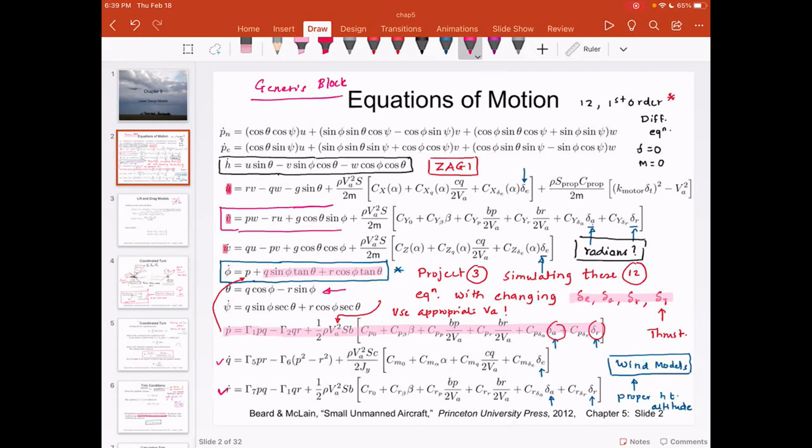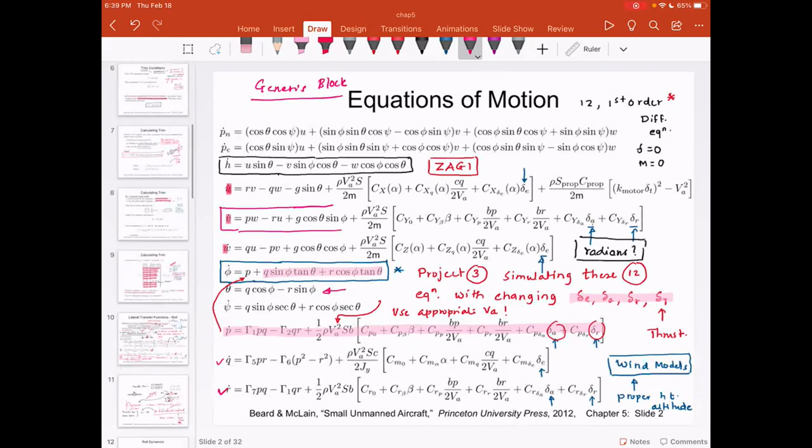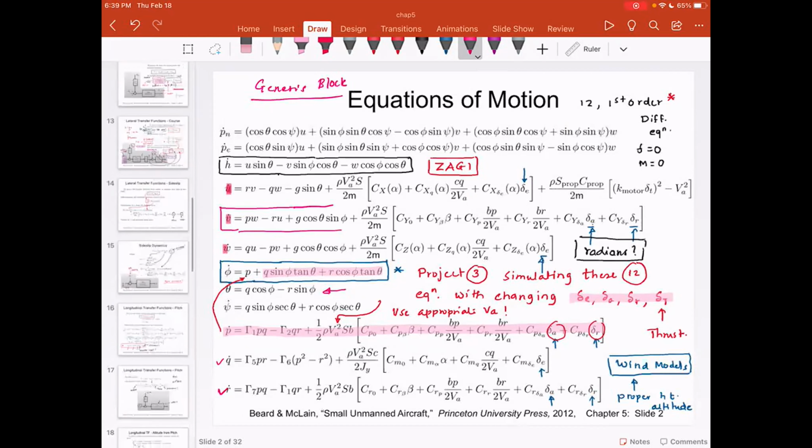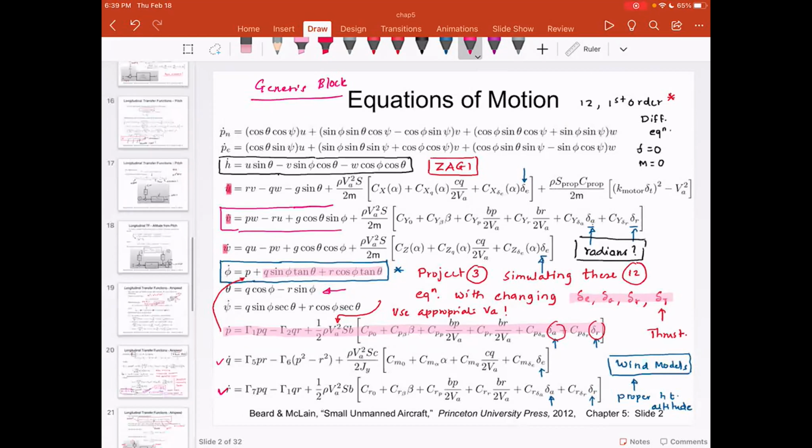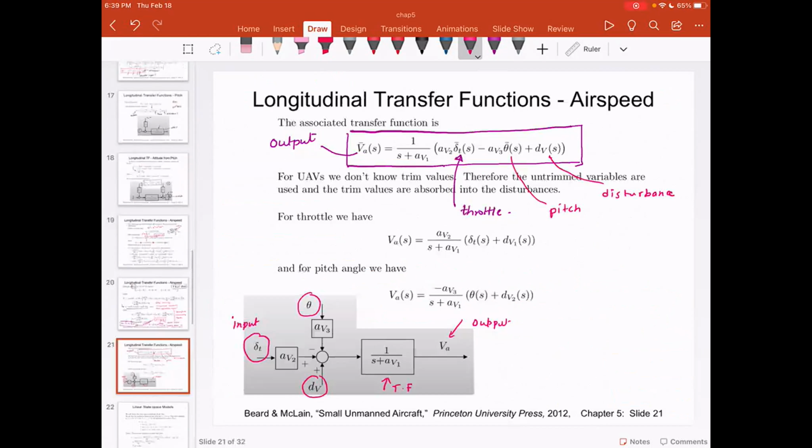And please note, these transfer function representations were all open loop. So at the end of all this simplification, what we have is open loop transfer functions.